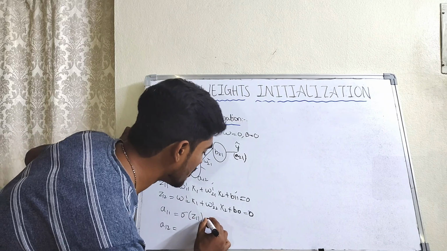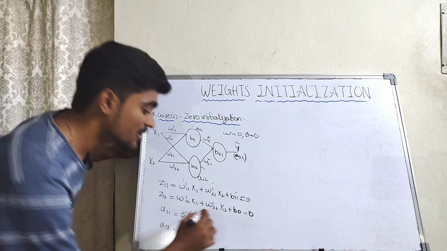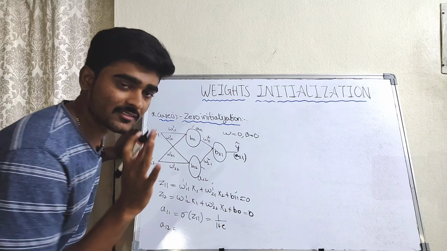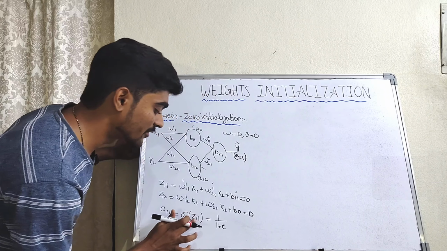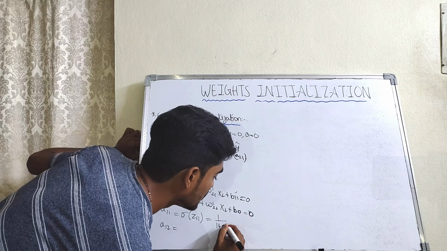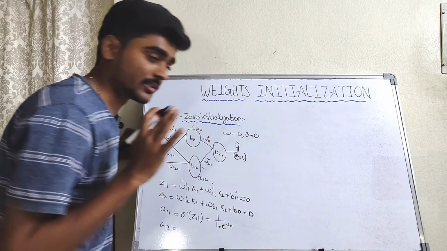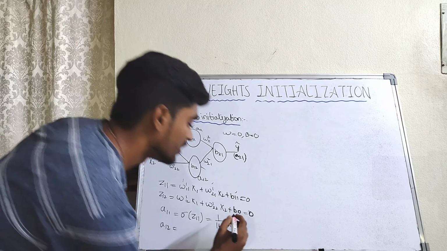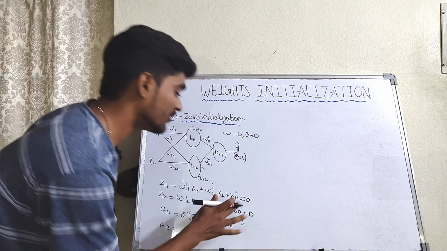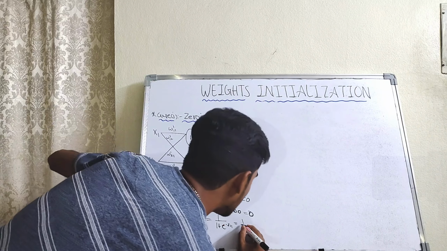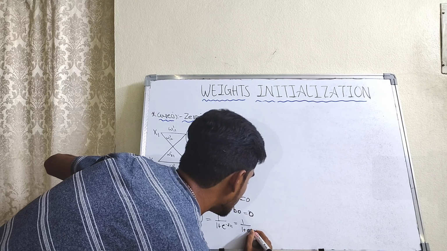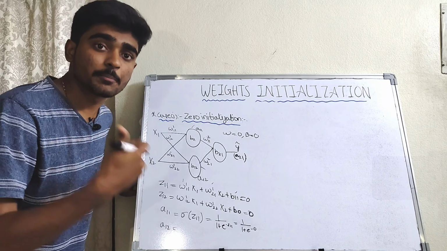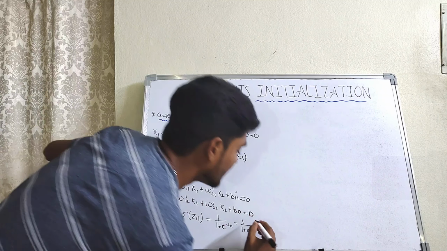What is the formula of the sigmoid activation function? 1 by 1 plus e power minus z, right? In place of z we have z11, so it is replaced by z11. But what is the value of z11? It is 0. So 1 by 1 plus e power minus 0. What is the value of e power minus 0? That is 1, right?